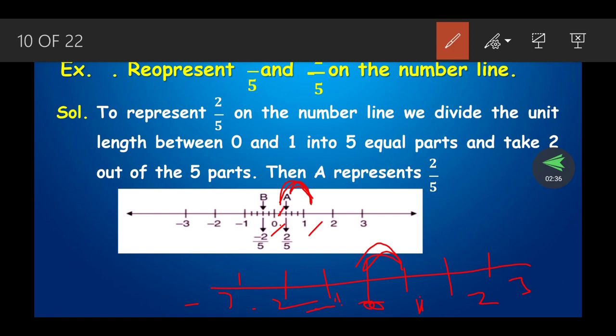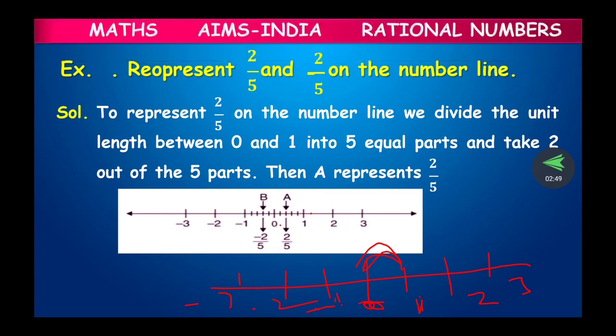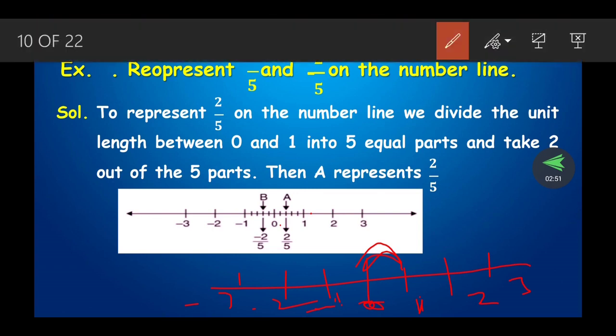This distance is divided into 5 equal parts, and at the 2nd part we have marked a point A. So it is equal to 2 by 5.